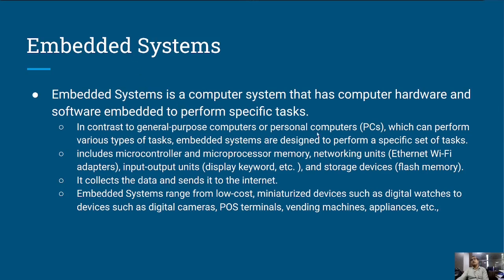In contrast to general purpose computers or personal computers, which can perform various types of tasks, embedded systems are normally designed to do a specific set of tasks. It can include a microcontroller or microprocessor also, but as I told, these are designed to do a specific set of tasks.